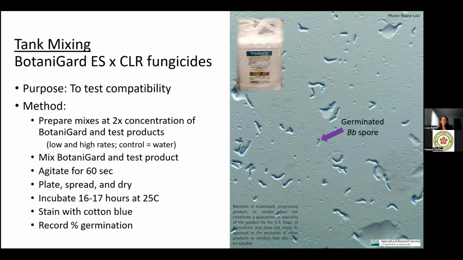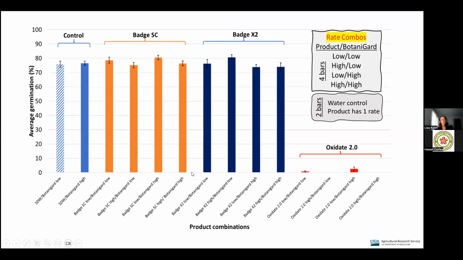You can make solutions following the label rates, mix them with fresh spores of Beauveria, and see how the products, are they compatible or not? What happens? Do we see germination of the Beauveria spores? It's very similar, this is what you're looking at, water agar, and you can see the germ tube formation, Beauveria spores germinating.